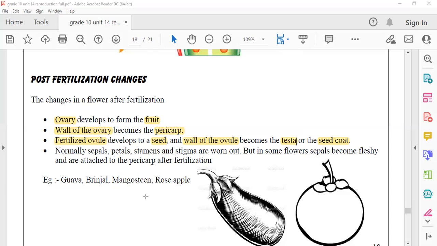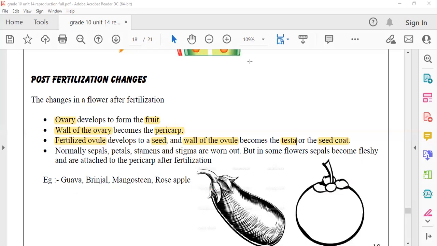In brinjal, you will see in this place a green color crown-like structure. That is the sepal. In mangosteen, you will see a green color crown-like structure. That is sepal. So in those fruits, sepals are not worn out. They are becoming a part of the fruit.